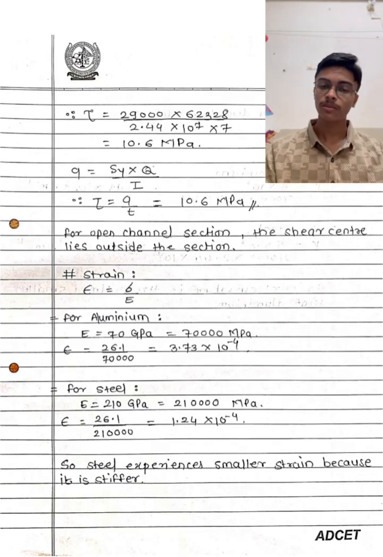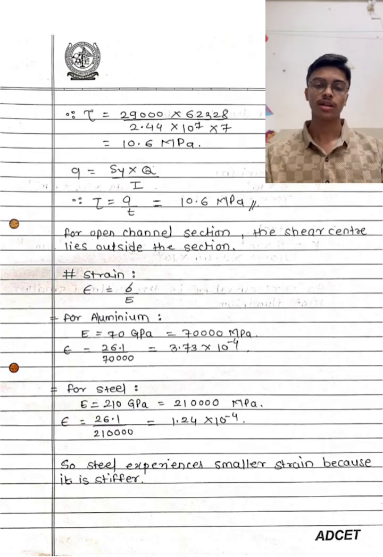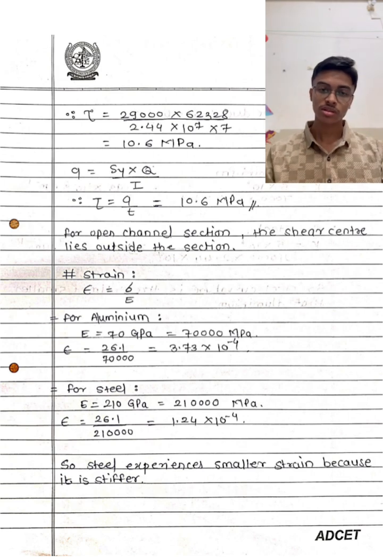So epsilon will be 3.73 into 10 to the power minus 4 for aluminium. For steel, by the same method, we got 1.24 into 10 to the power minus 4. So steel experiences small strain because it is stiffer.